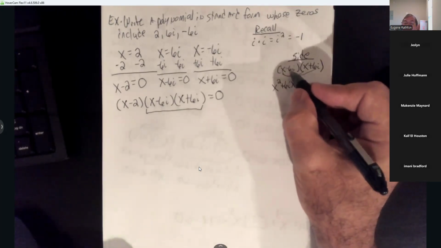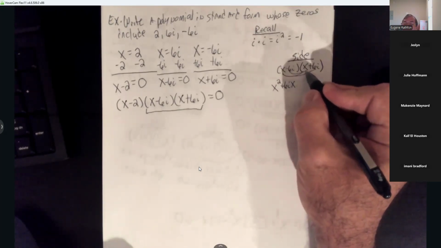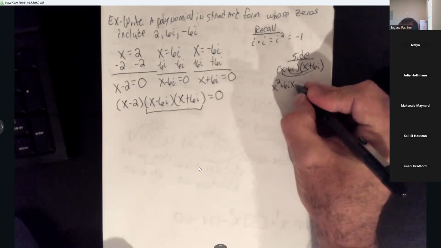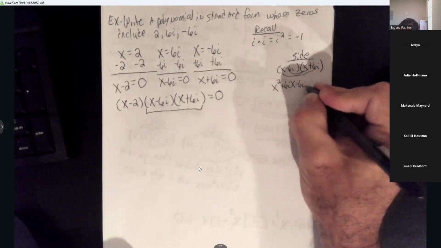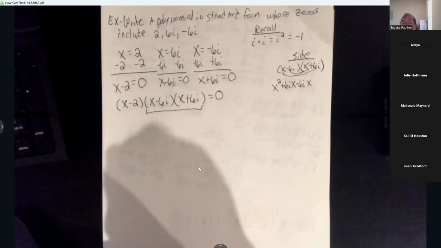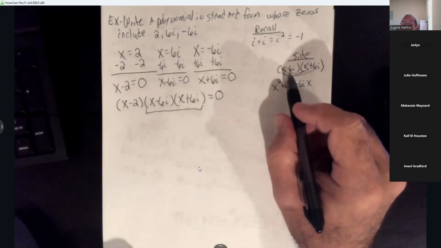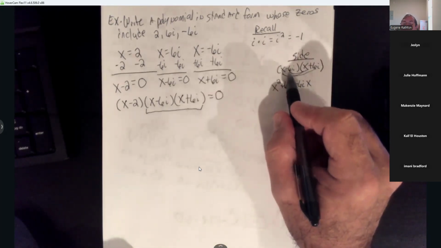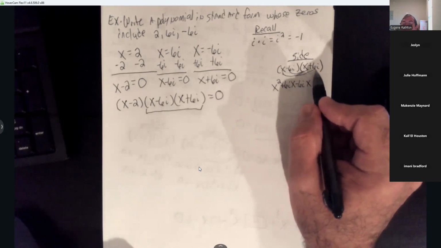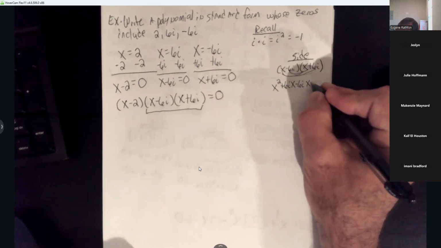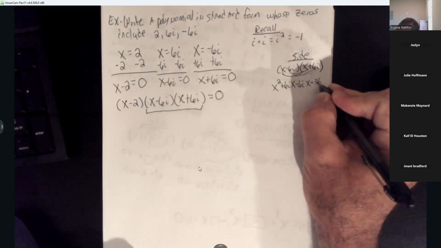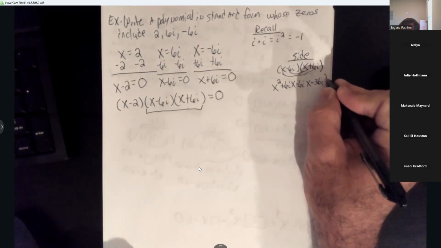Now I'm doing a negative 6i times that x, which is a negative 6i times x. Now y'all watch this one. That negative 6i times a positive 6i is a negative 36i squared.